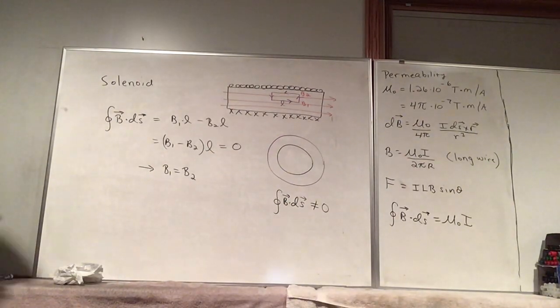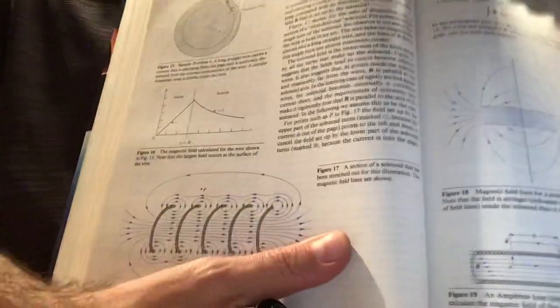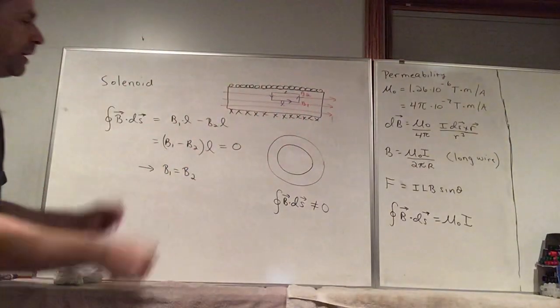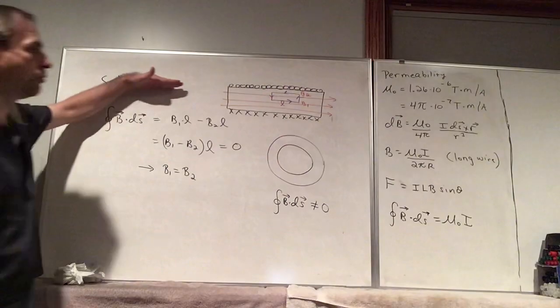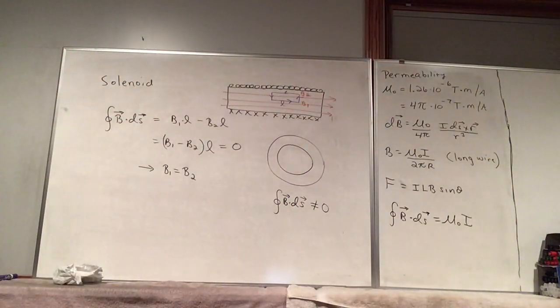Let me hold this picture up again. We can see that there are magnetic field lines outside the solenoid in both of these pictures, but it looks like they're due to the fact that there is an edge. If we had, say, an infinitely long cylinder, then without these edge effects the magnetic field lines would just be parallel. Nothing would exist outside of the solenoid.